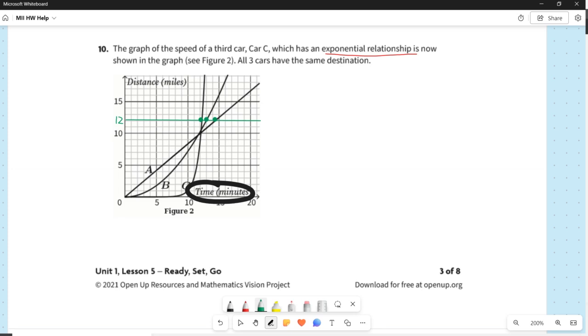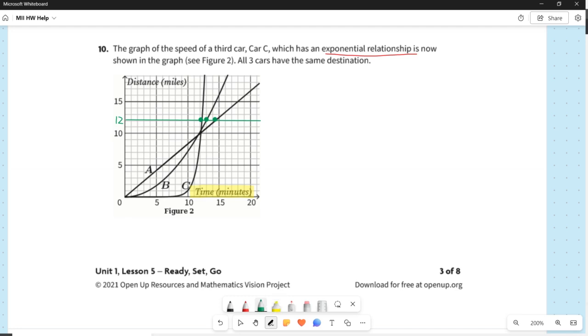Those are the 3 times when cars A, B, and C, in some order, have traveled 12 miles. So, based on time, the first car to travel 12 miles is the first green dot.